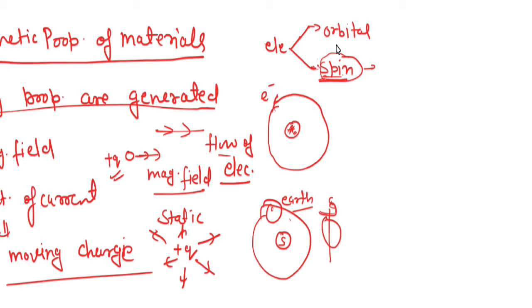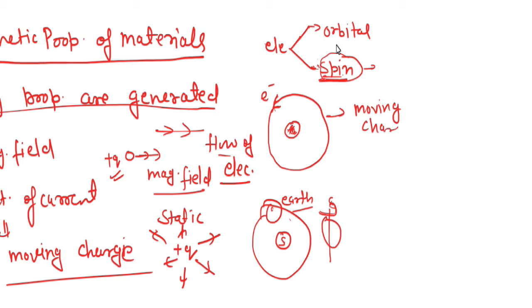Now suppose electron is moving around the nucleus. So this is moving like in circular orbit. So if you see moving electron in any orbital, it is a moving charge.